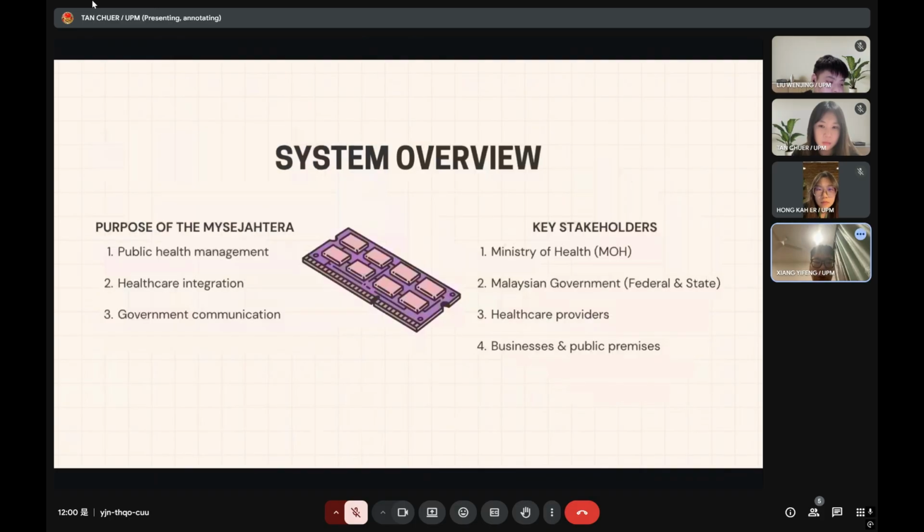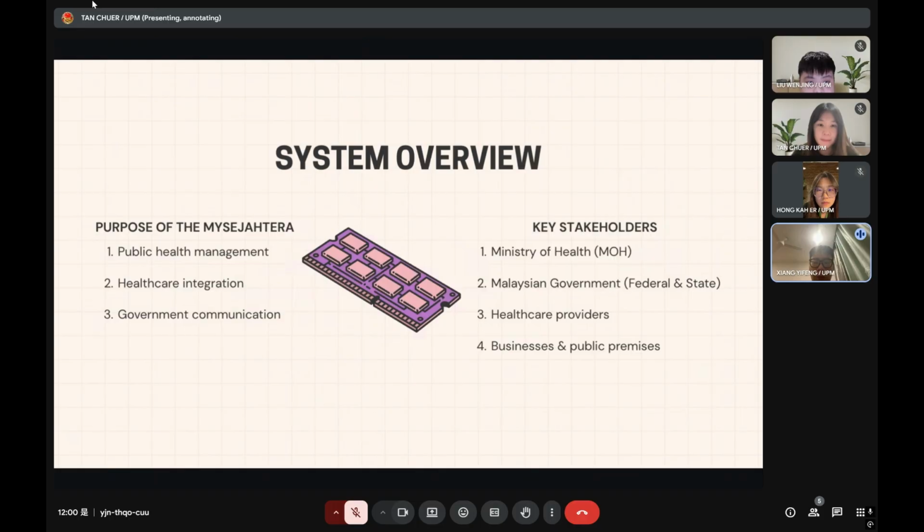Moving on to the system overview. First, the main purpose of MySejahtera is public health management. It helps the government monitor health data, manage disease outbreaks, and support nationwide health initiatives.